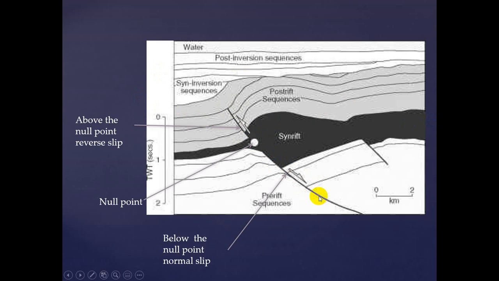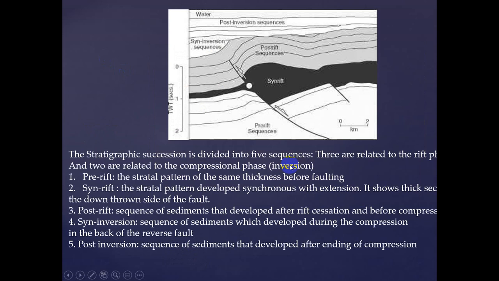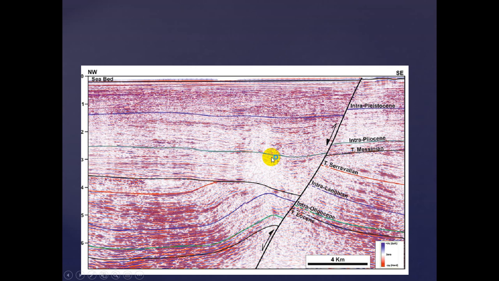This part of the fault below the null point displays normal geometry. And we have here the syn-rift sequence, post-rift sequence, and so on. You have to understand it. All of these sequences are displayed.